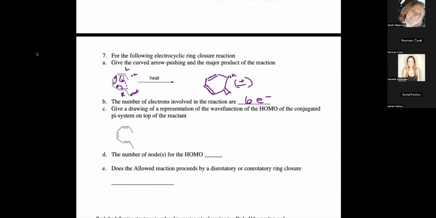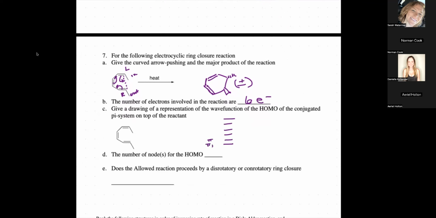Give the drawing of the representation of the HOMO for the pi system. How many carbons, how many pi systems are in the reaction? 6. 1, 2, 3, 4, 5, 6.